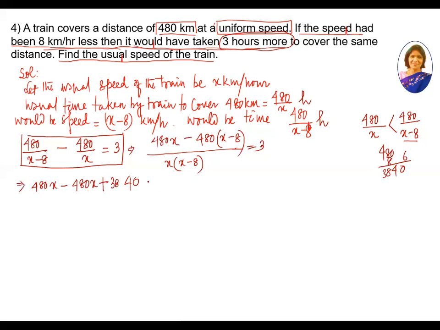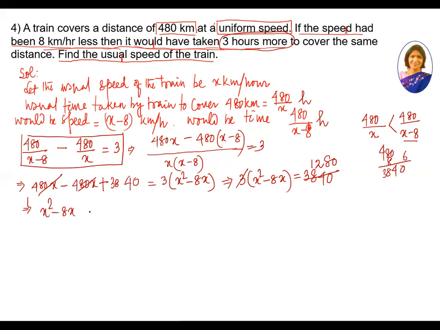It will be plus 3840, equal to 3 into x square minus 8x. These two will be cancelled, or I am getting 3 into x square minus 8x is equal to 3840. I'm cancelling with 3. How much will I get? 1280. So I'm getting x square minus 8x minus 1280 is equal to 0.